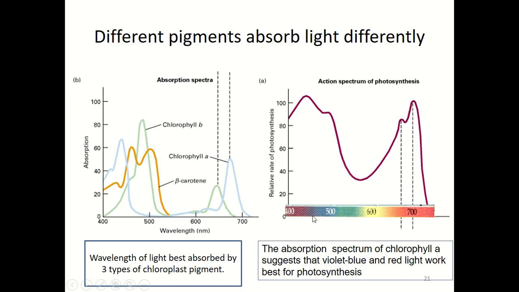So 470 is indigo color, and then it absorbs blue-green purple color right over here, and it absorbs around 500, as you can see in the picture. So it also absorbs blue light.